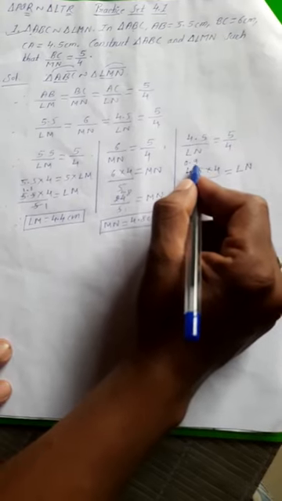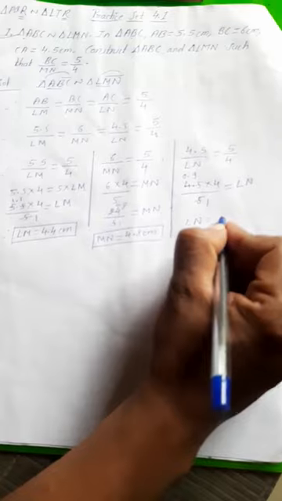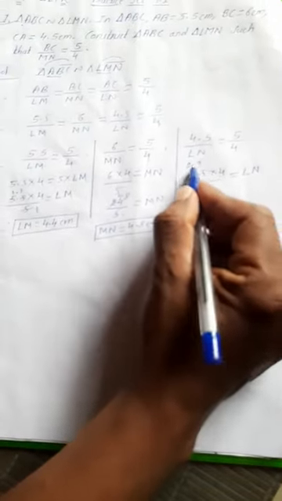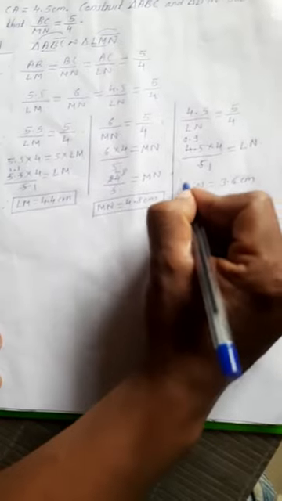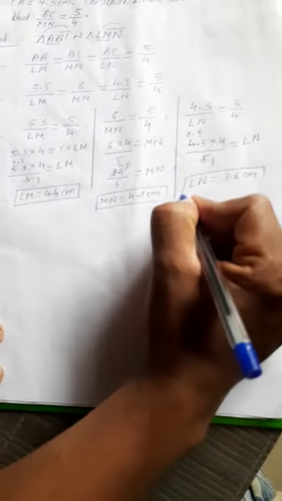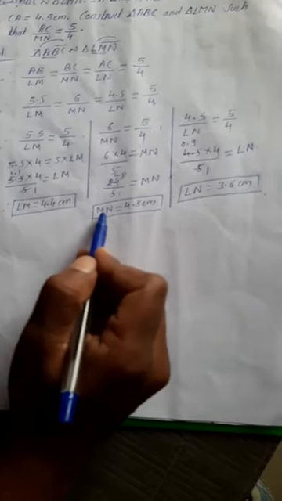Then 9 fours are 36, and as the decimal point is there, we put it. So LN is equal to 3.6. Now we know the sides of triangle ABC as well as the sides of triangle LMN.